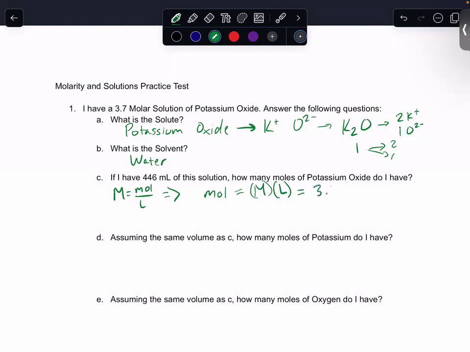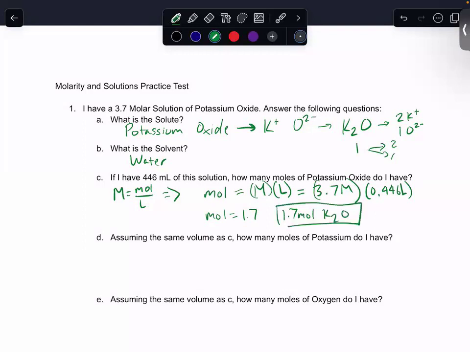So 3.7 molar times 0.446 liters, the conversion just dividing by 1,000 or moving the decimal over 3 times. That will get us that our moles is equal to 1.7. In other words, we have 1.7 mole K2O.